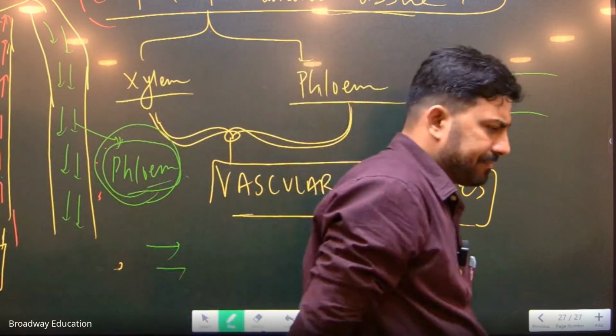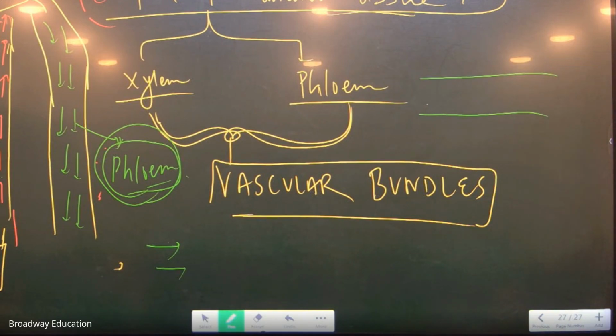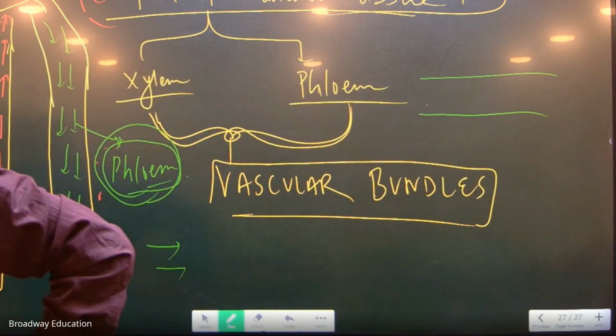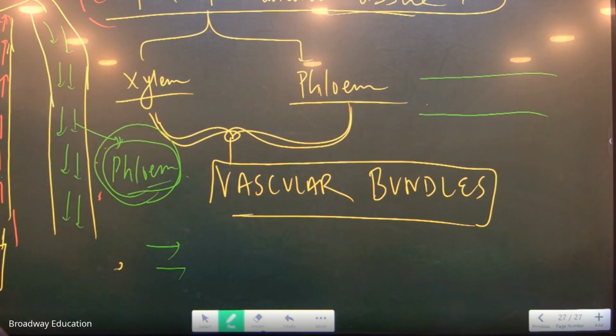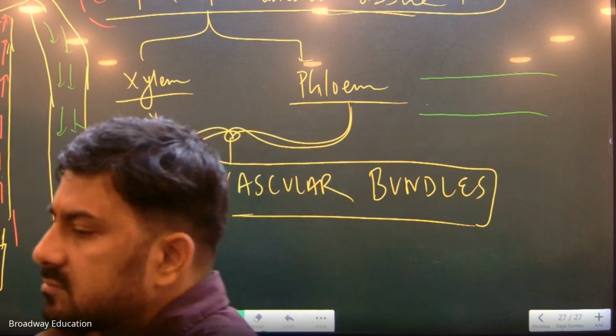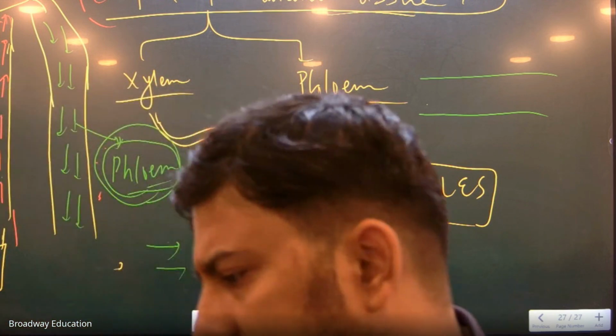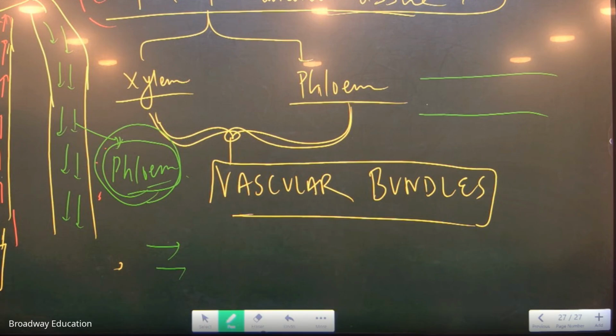Then write xylem. Mostly they are dead tissues, and are responsible for the transportation of water and minerals from the roots to different photosynthetic parts of the plant, like leaves.